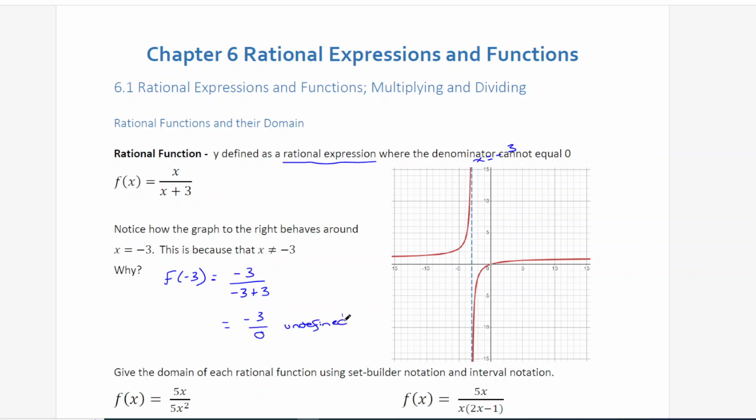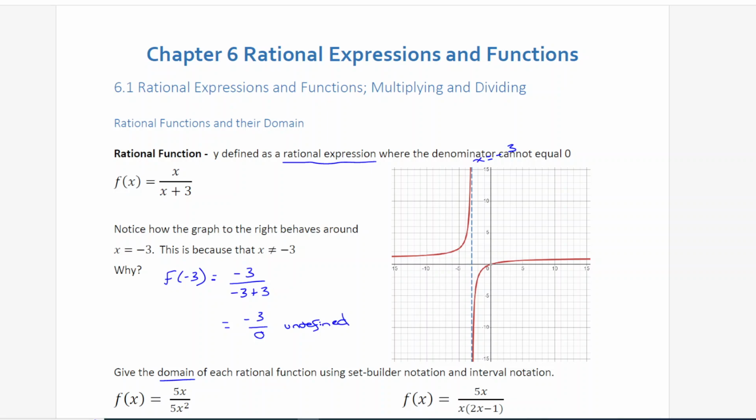So you have to be careful when you're talking about anything that is rational in terms of x, that there's things that x won't be able to be, and it's anything that makes the denominator equal to 0. So this leads us to a conversation on domain.